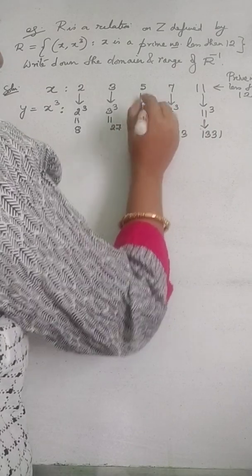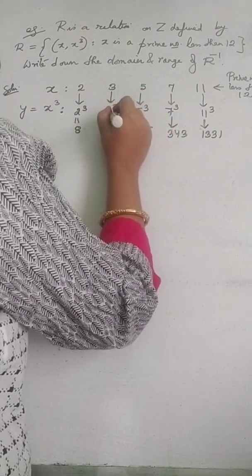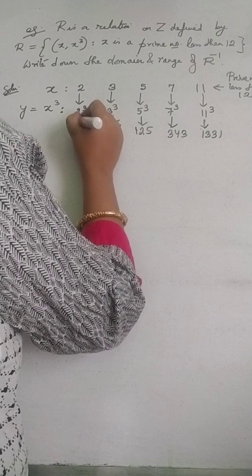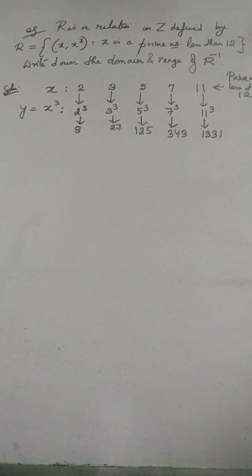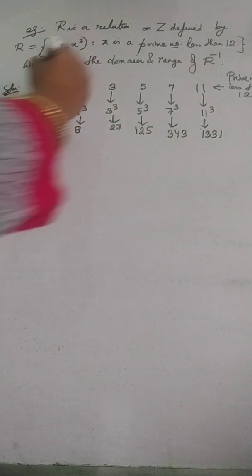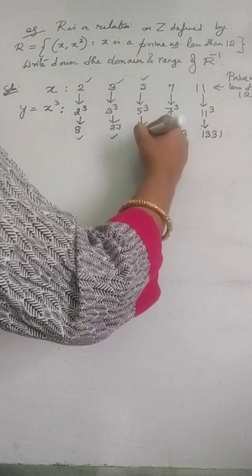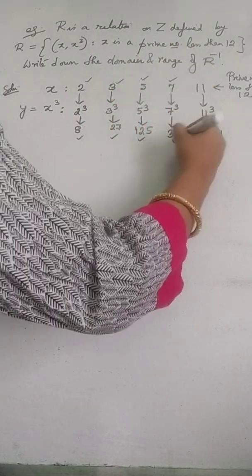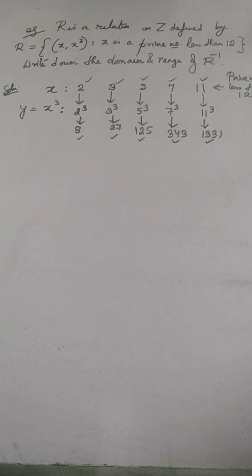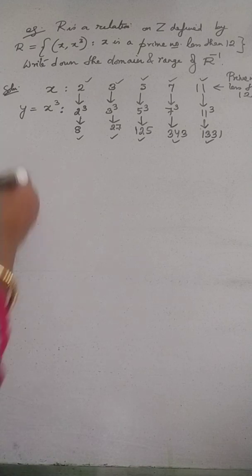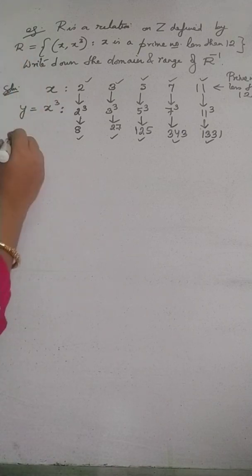So these are the values of y that we have. For 2 it is 8, for 3 it is 27, for 5 it is 125, for 7 it is 343, for 11 it is 1331. This is your second component and this is your first component.